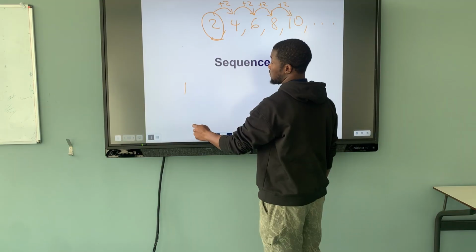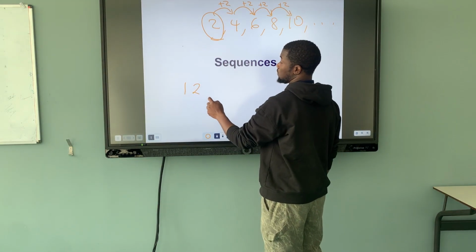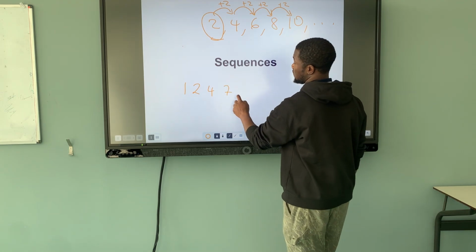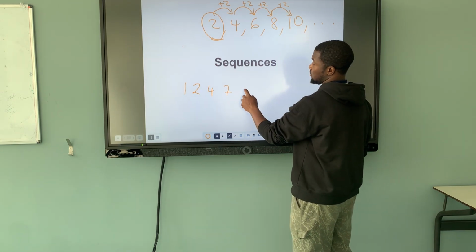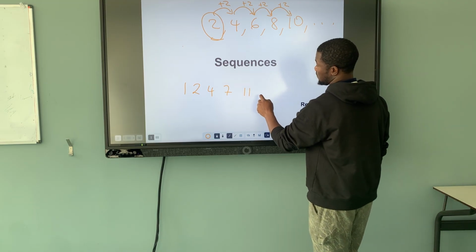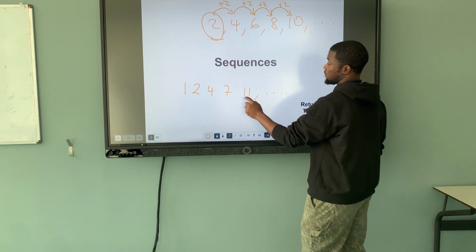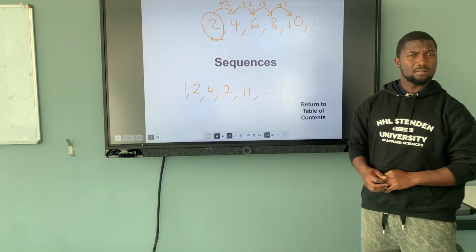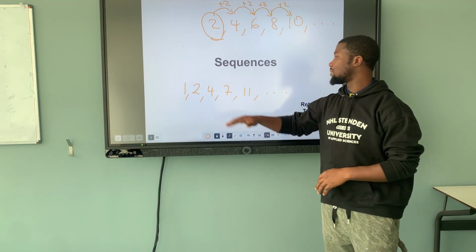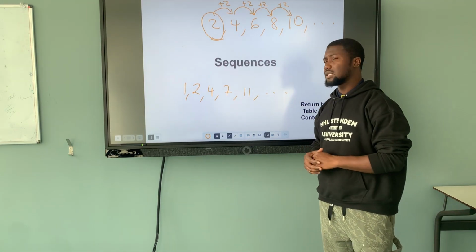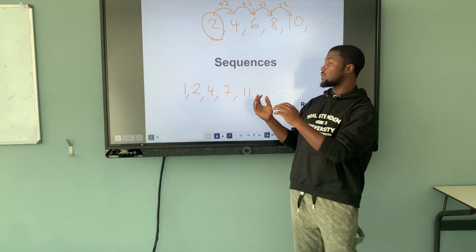When you have the numbers 1, 2, 4, 7, 11, etc., you may think this is just arranging numbers randomly again, but if you look right into it, you will see that there is a relationship that is still connecting them.